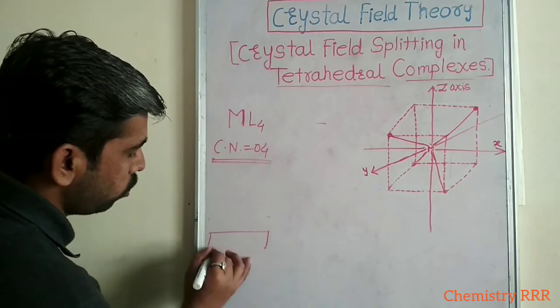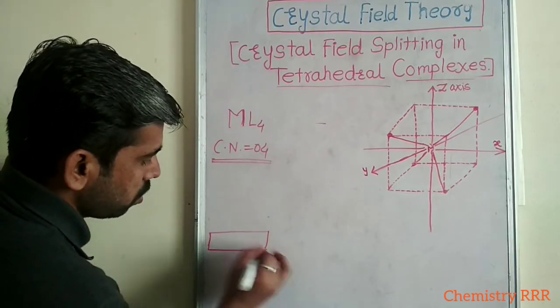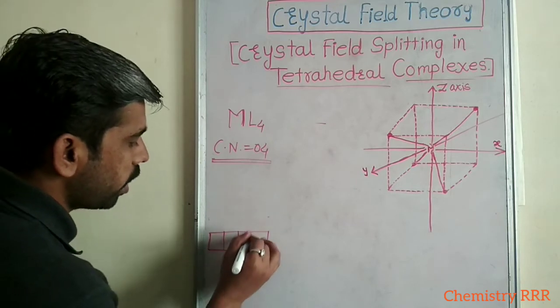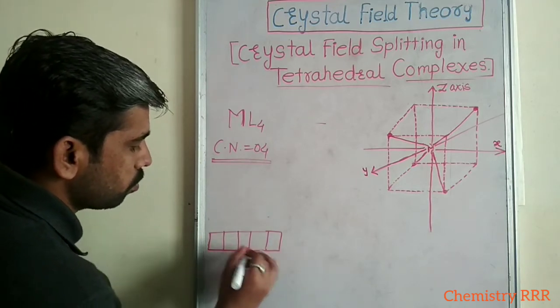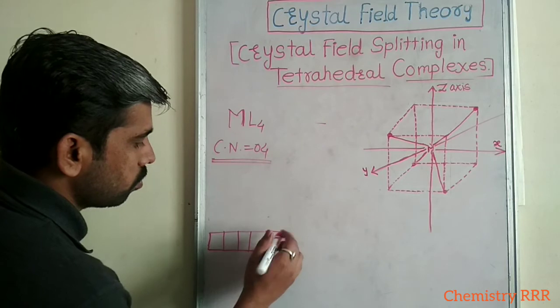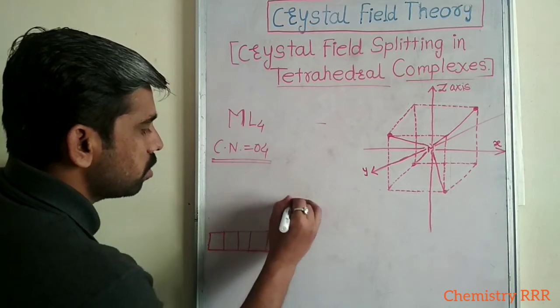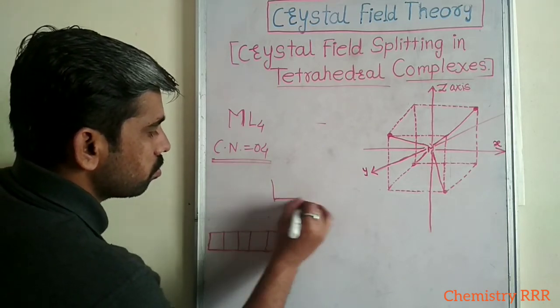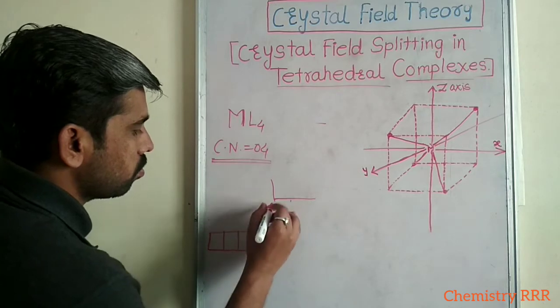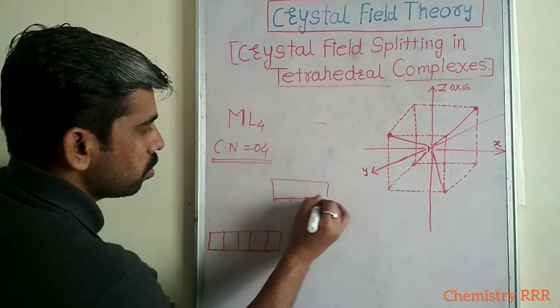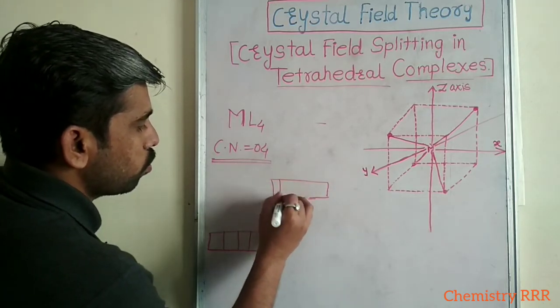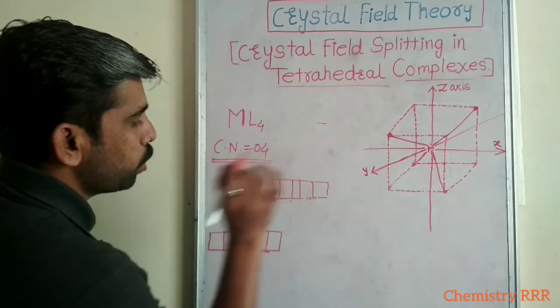First, all these orbitals are at the degenerate level, then there is a rise in energy, 1, 2, 3, 4 and 5.